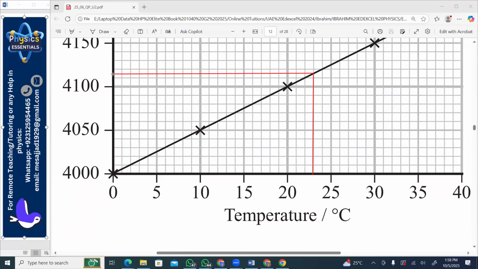Yeah, I think it is 4115 meters per second. So, the transducer.